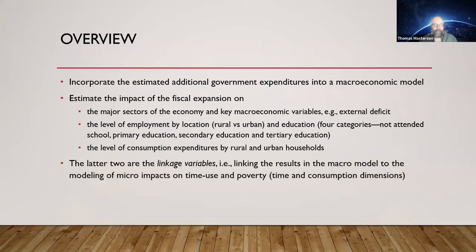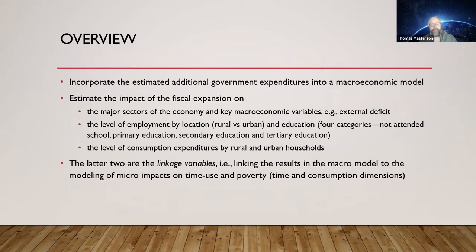That's going to be important in terms of figuring out the impact on consumption poverty. The level of employment and the level of consumption expenditures are what we call linking variables. Because this is a macro-micro model, we do the macro model, and then some of the outputs of that model, the linkage variables, play themselves out at the micro level, and we model that as well in a second phase of the exercise.